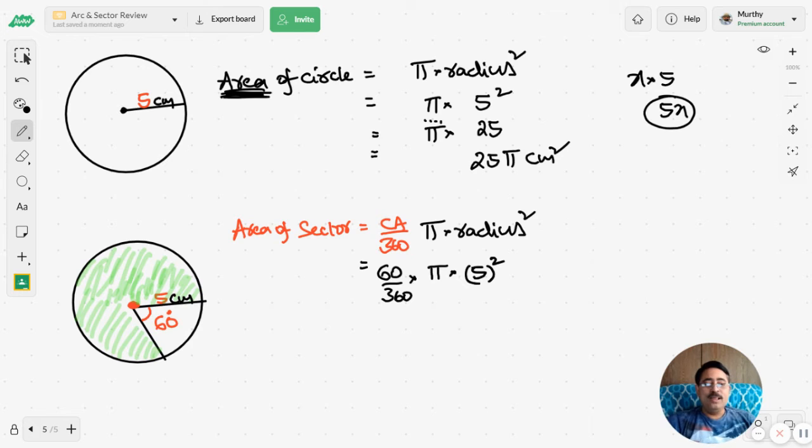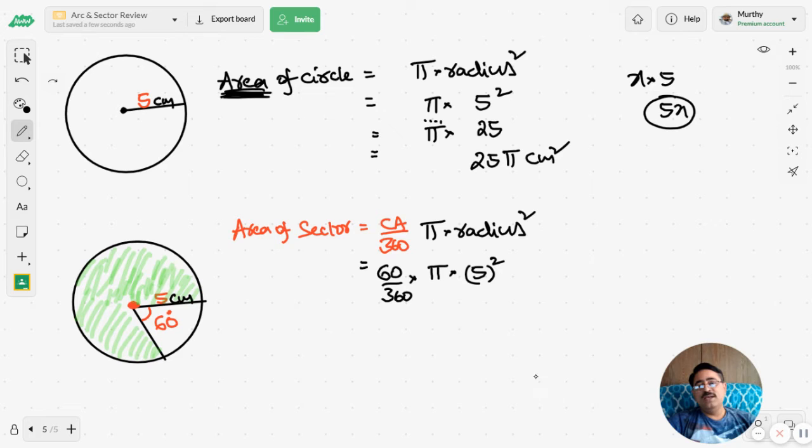Did I plug in all the values in the right manner or not? Actually, this is not the correct answer. I see that 60 degrees is plugged in the place of the central angle. Then what is wrong?